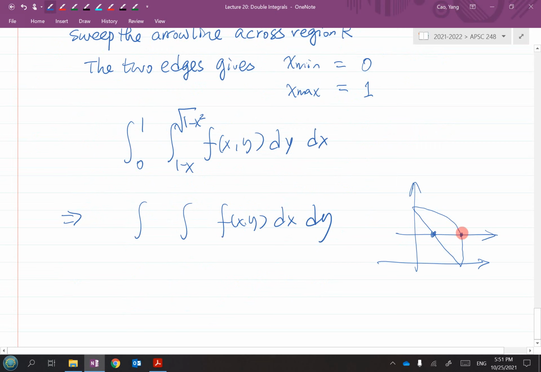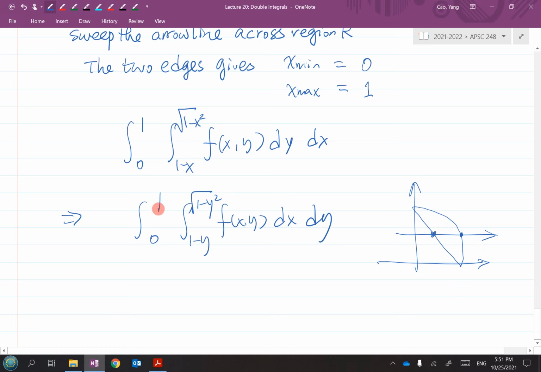This is your second contact. And then you move around, scan in the y-axis direction across to find the y limits. Maybe I'll just write it down here. When you scan from here, you get y to the square root of 1 minus y squared, and this is 0 to 1, to get you the limits.